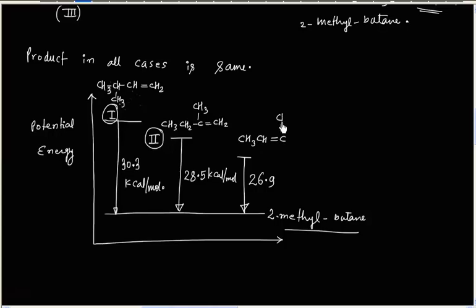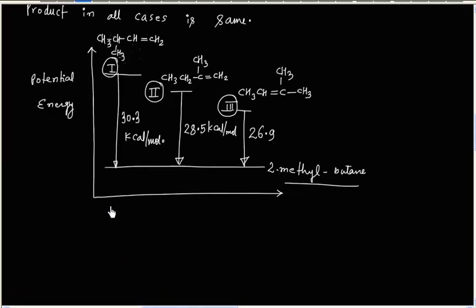So this is alkene third. Now by looking at this diagram we can say alkene 1 has the highest energy and alkene 3 has the lowest energy. Alkene 1 is an example of terminal alkene because the double bond is at the terminal position, and alkene 3 is an internal alkene.